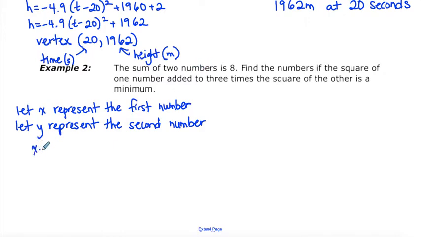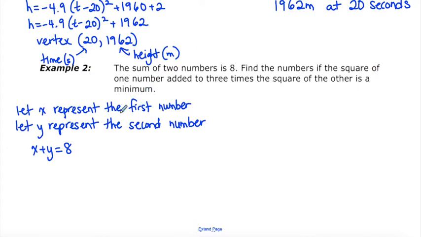So if I take x and I add it to y, I'll get 8. That's the information that comes just from the first sentence. So I've identified my variables and I've written an equation. Now I want to find what those numbers are. So what is the value for x and what is the value for y? If the square of one number added to 3 times the square of the other is a minimum.